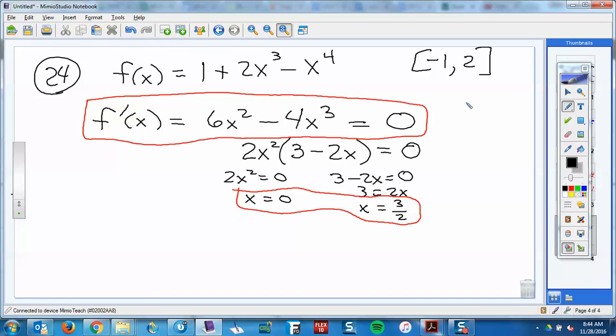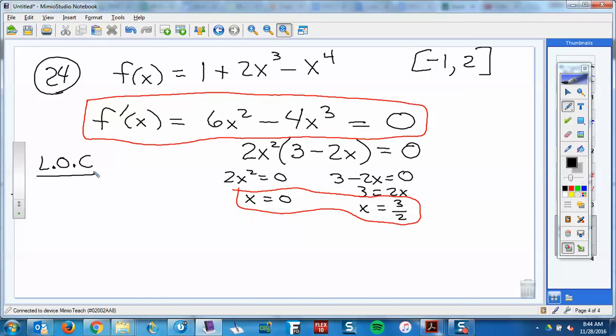How can we tell which one of these x values has the highest y value or the littlest y value? Put them back into the original function, the one we're trying to find the max and min of. I call this a list of candidates.